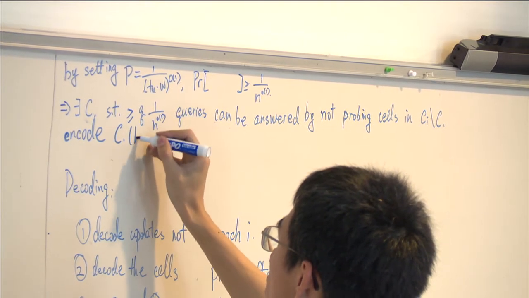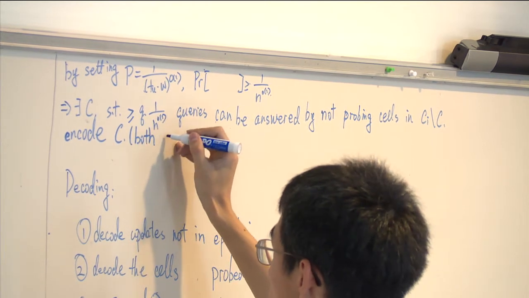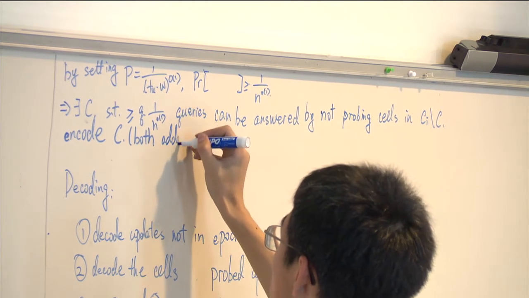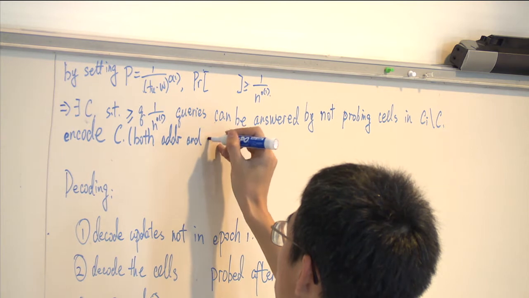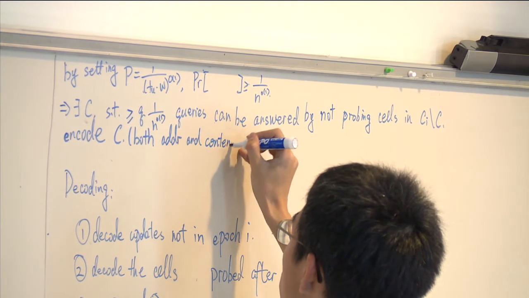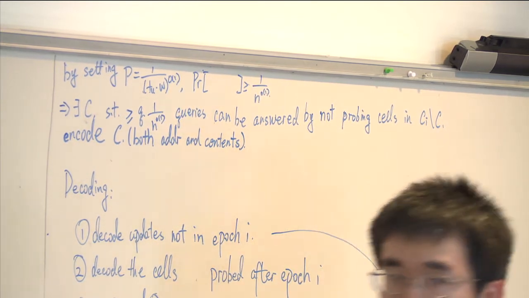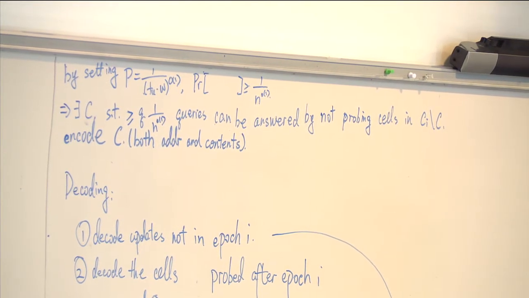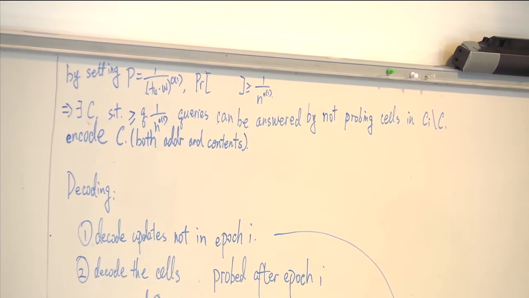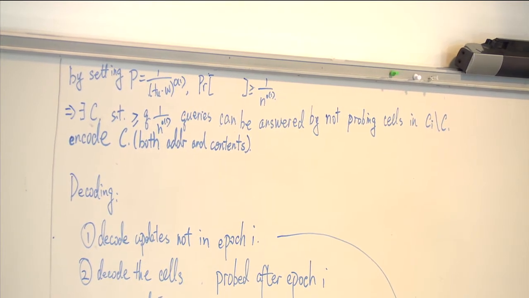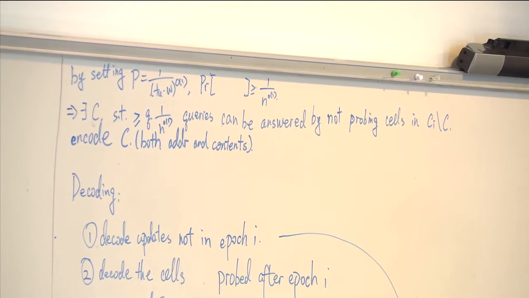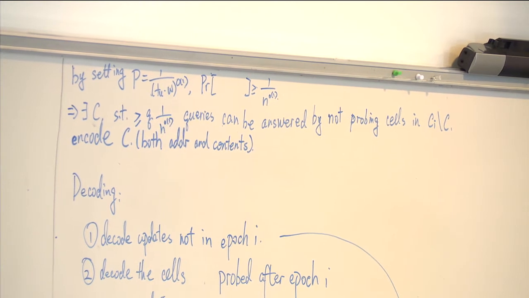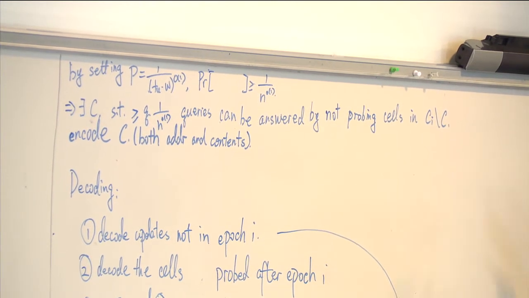both addresses and contents. Okay. So now we also need to describe what is the set of beta to the i queries that can be answered without looking at those cells, as before, right?